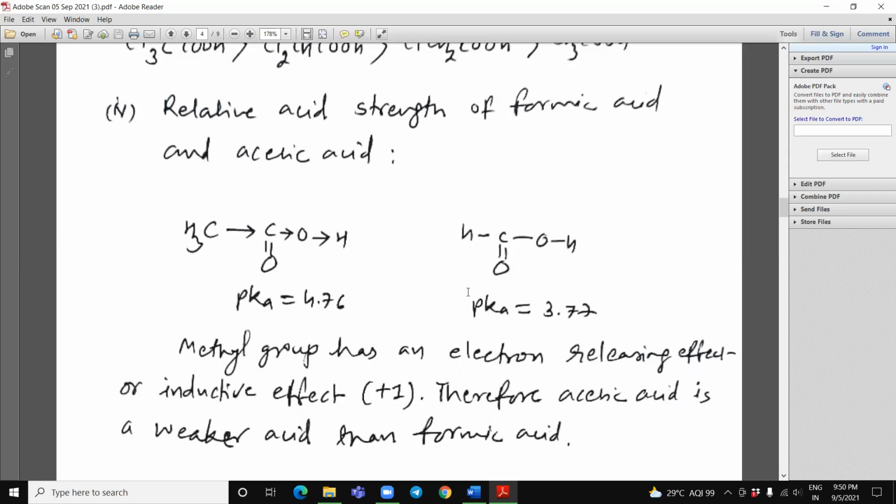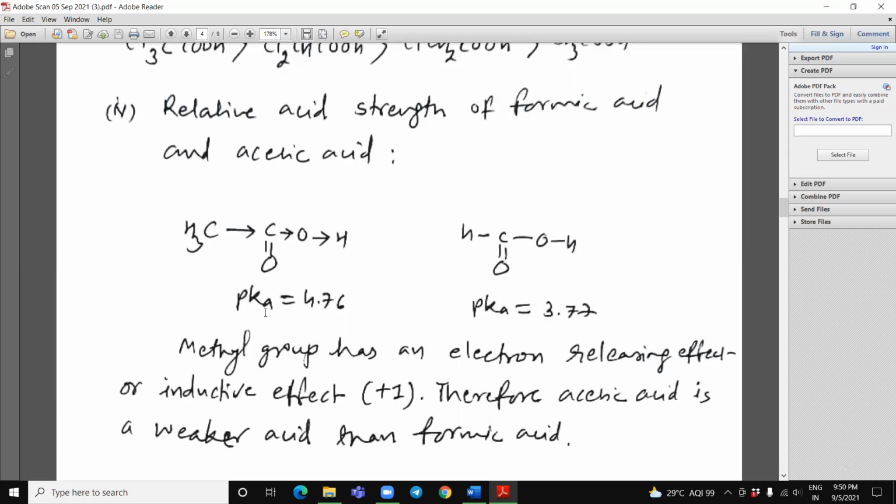Whereas here in formic acid, it does not have any electron releasing group. So this polarity will remain as it is. It is higher compared to acetic acid. So it is more acidic. Formic acid is more acidic compared to acetic acid.